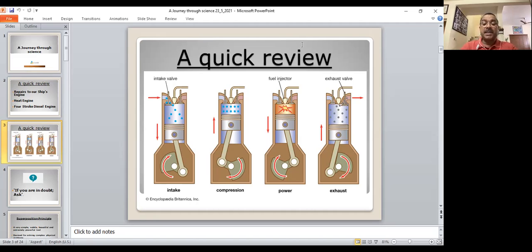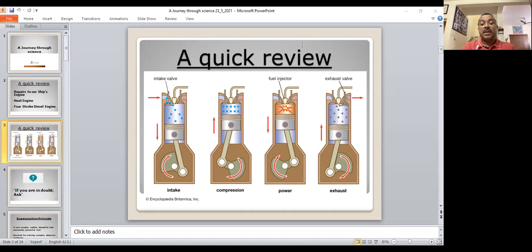This cylinder has a particular volume, so its volumetric capacity is fixed. So the air which we can take in is fixed, and the oxygen available for the combustion of the diesel is fixed.